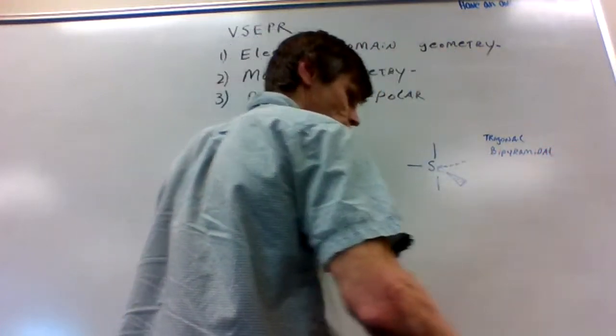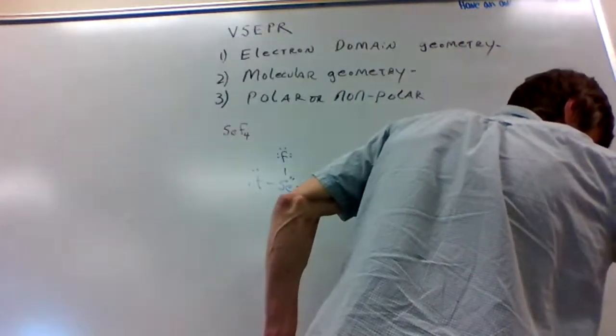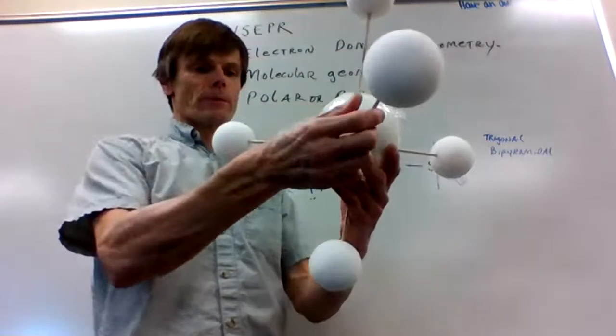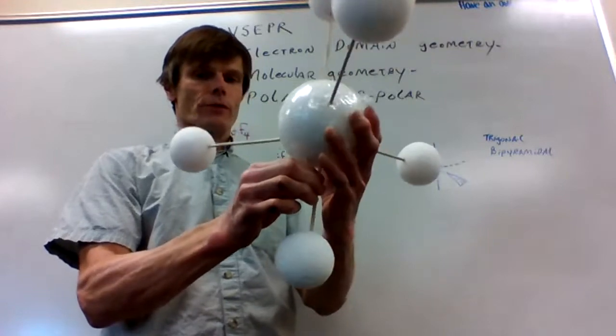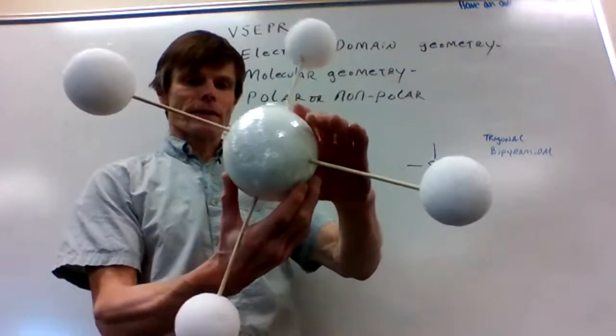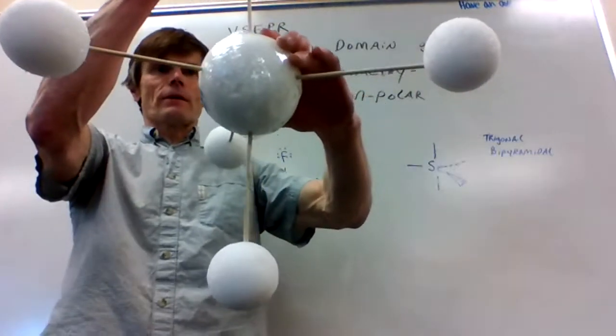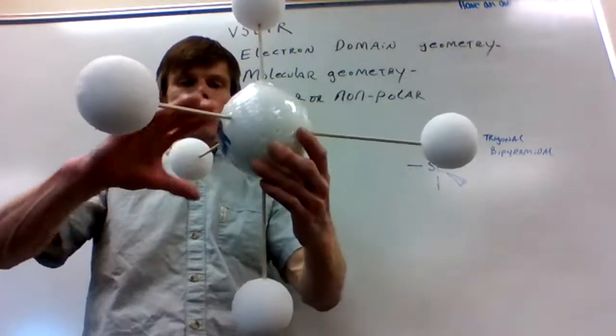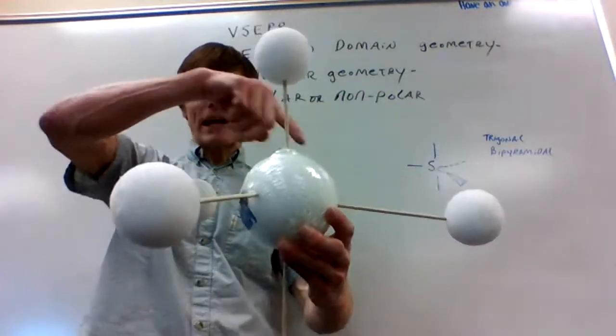I have a 3-dimensional structure here to show you. This is a trigonal bipyramidal type of geometry. Notice we have electron density above and below, and we have 3 regions along the equatorial plane.